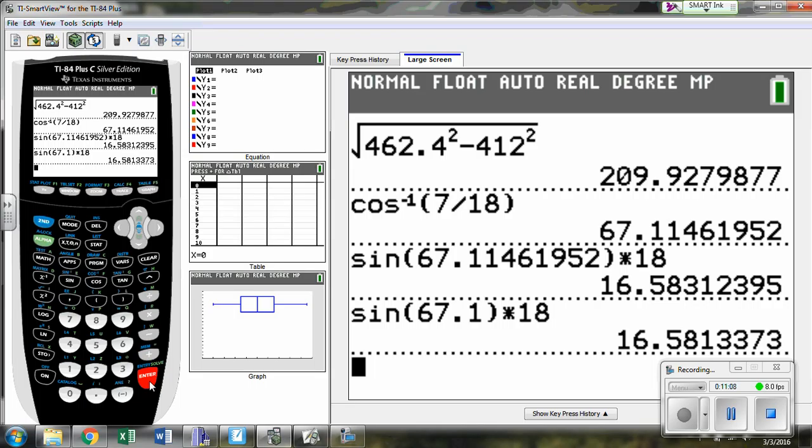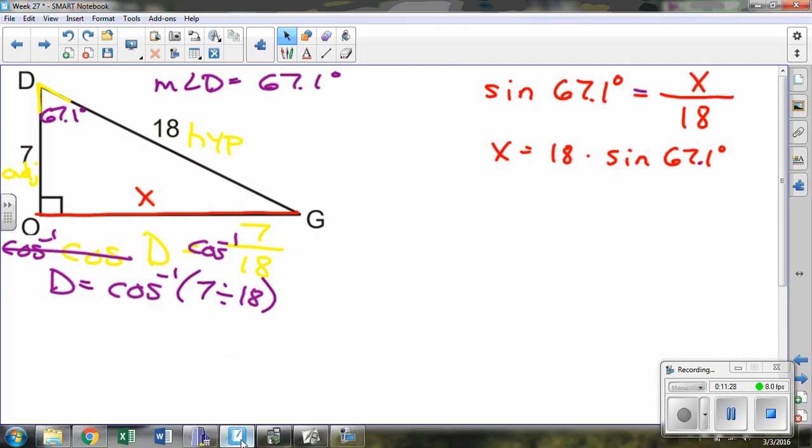No. When we choose to round to the nearest tenth, although we're off a little bit, do you care about being off that much? For us, only wanting to be accurate to one decimal place, it's not a problem. If we needed more accuracy, then it would be an issue. Anyhow, we then say x equals 16.6.